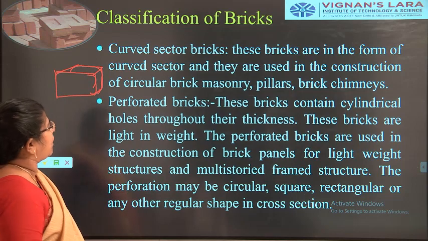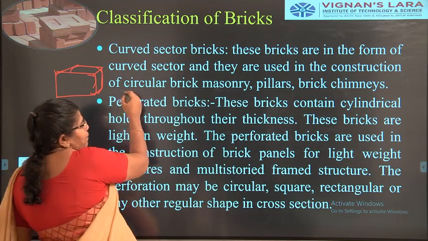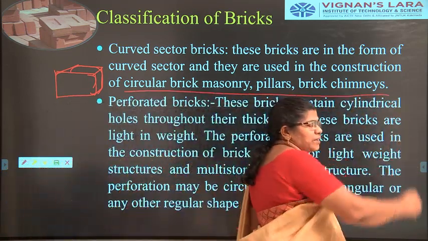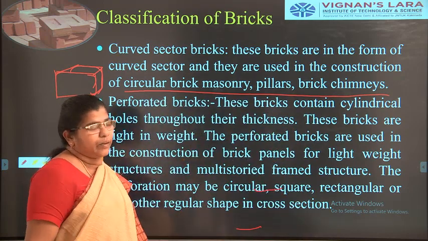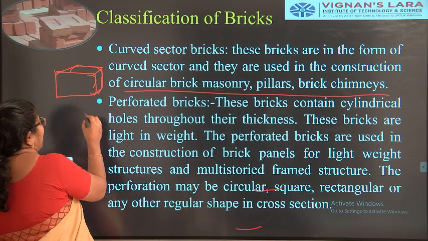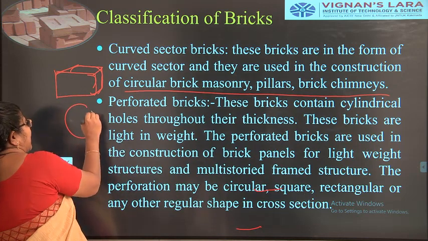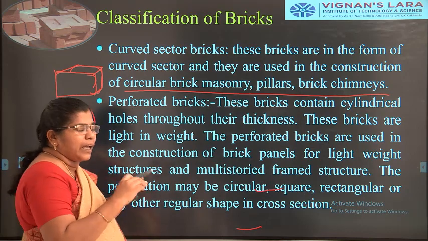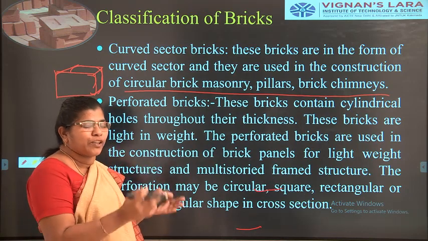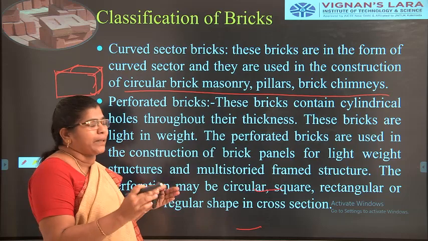It is used for circular brick masonry, pillars and brick chimneys. In the masonry of this structure, this type of bricks will be added, which will not have very sharp edges, very smooth edges, which can be bound properly.